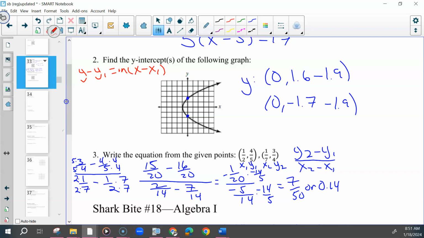So then we would be using our point-slope, using one of these ordered pairs. Use the first one. And I'm going to change both fractions to decimals and use our slope decimal. So y minus 4/5 would be 0.8. Our slope is 0.14. x minus 1/2, 0.5.